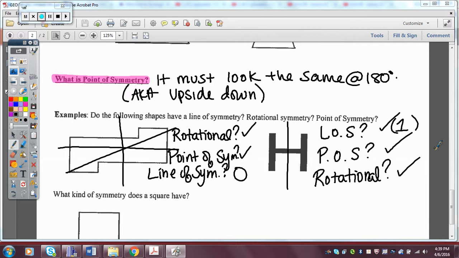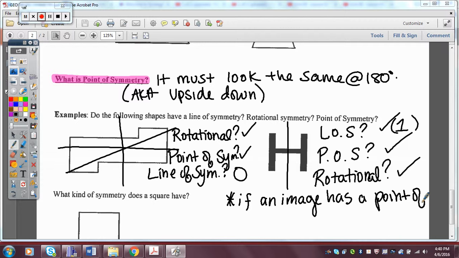If you have a point of symmetry, you also have rotational symmetry. If an image has a point of symmetry, it also has rotational symmetry.